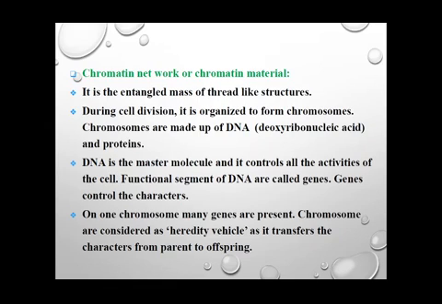This chromatin material was a thread-like structure. These thread-like structures are converted into chromosomes when the cell starts dividing. These chromosomes are made up of DNA and proteins. Now, this DNA contains certain genes, and these genes finally control all the activities of the cell.